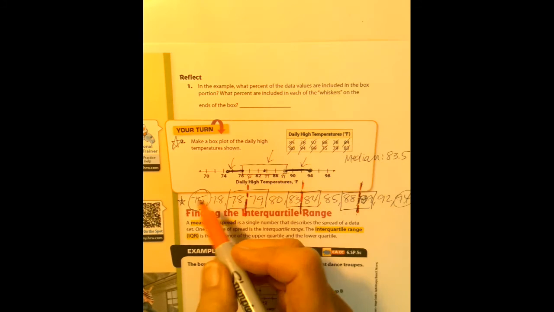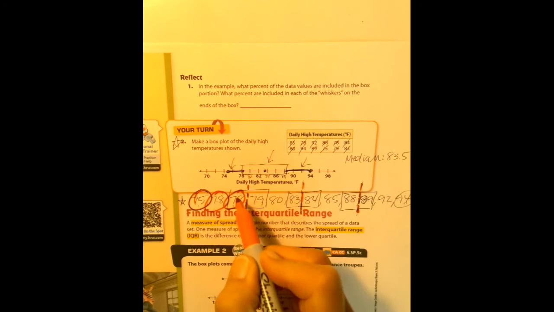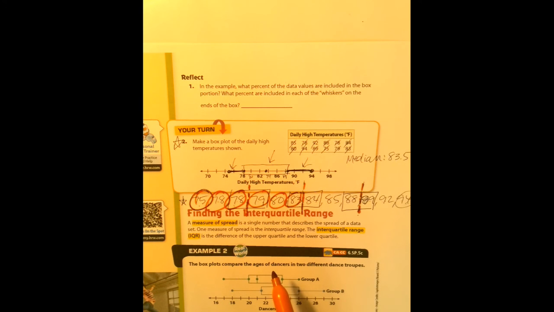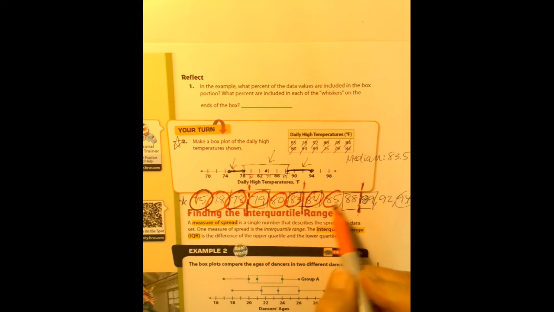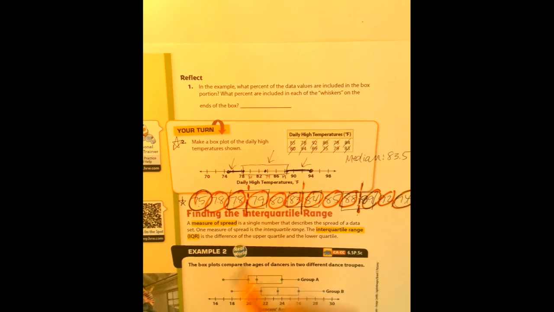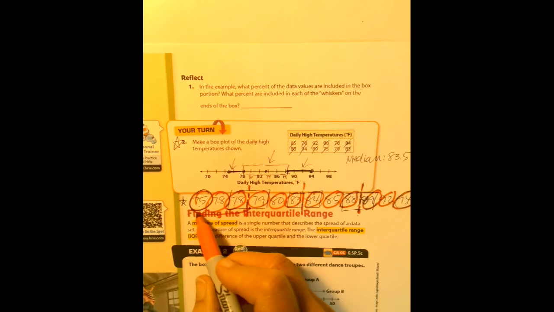So I want you to look at how many data values fall between each of these dotted lines. 1, 2, 3. 1, 2, 3. 1, 2, 3. And 1, 2, 3.